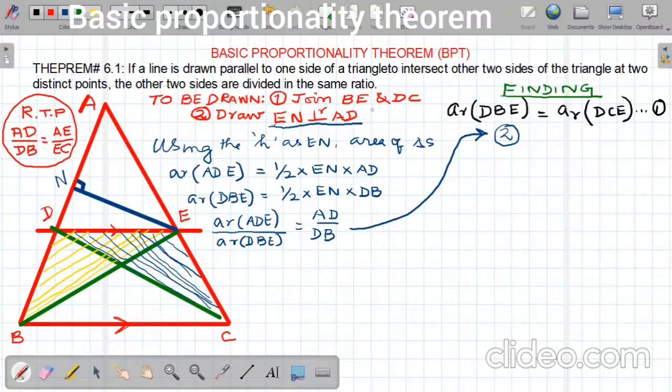Now what we are adding as the third drawing is one line DM perpendicular to AE. We draw one line from here, DM, meeting at M. This is perpendicular.